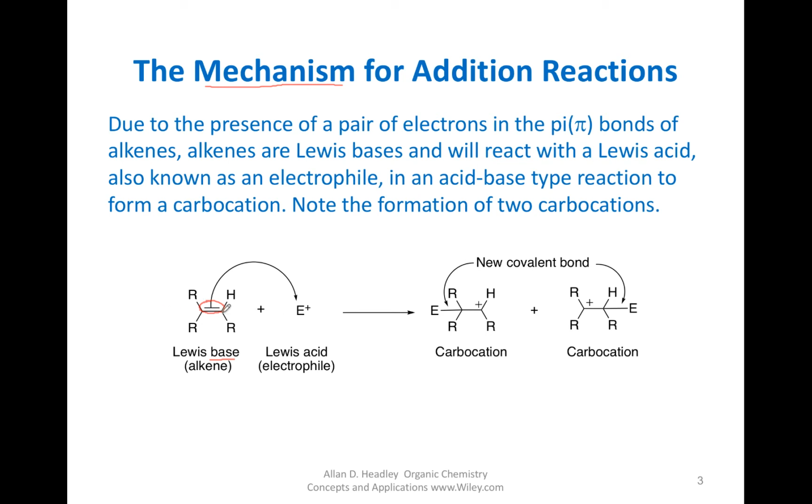A reaction with a Lewis base will occur with a Lewis acid. So here is a Lewis acid, E+. We'll define it as E+. Why E+? Because we'll have another name for this. It's called an electrophile, or an electron-loving species. So that's another name synonymous with a Lewis acid.